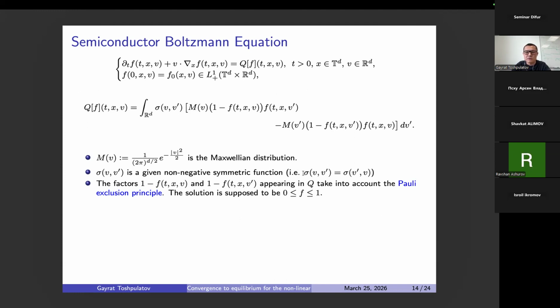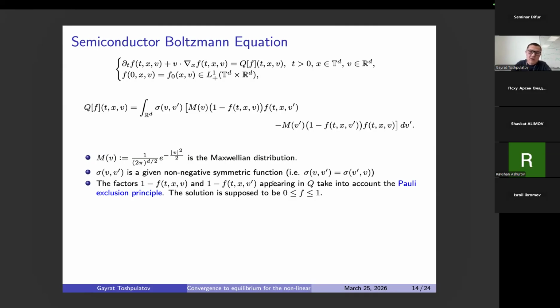Also in this model we have 1 minus f and 1 minus f with v prime. The values of f are between 0 and 1, because it's the density of probability.